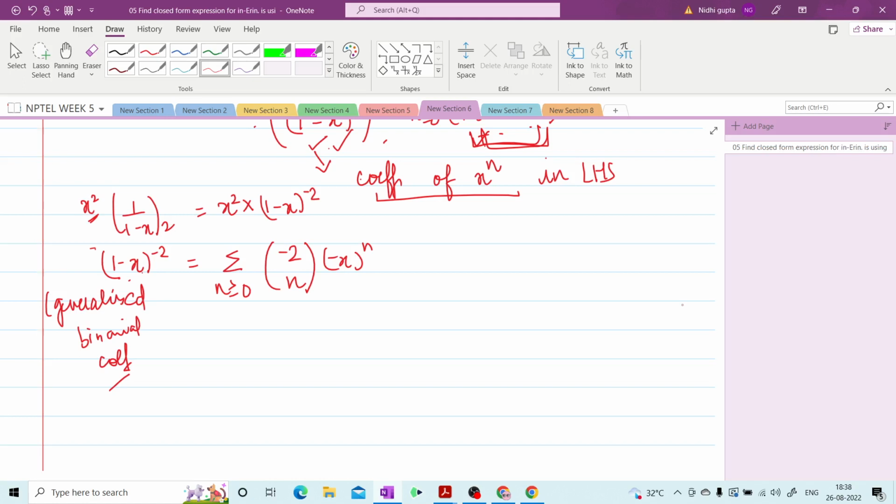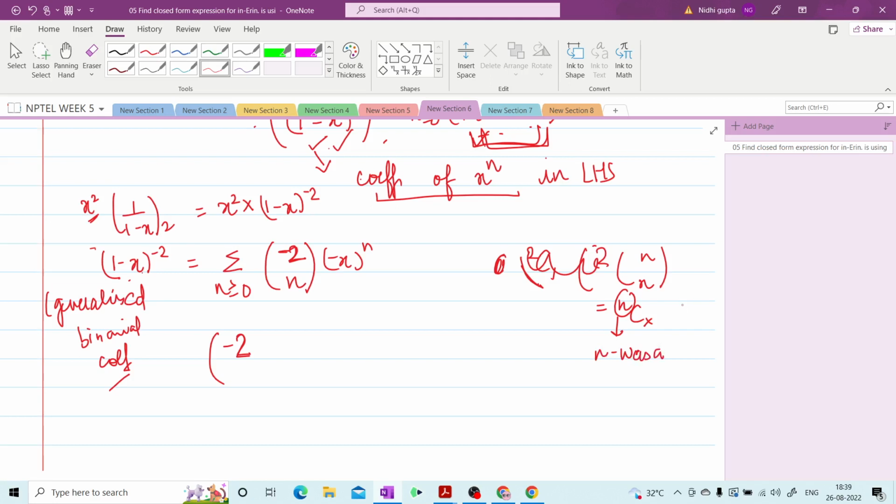But this is minus 2. So we wrote this n choose k as nCk only when this n was a natural number, right?